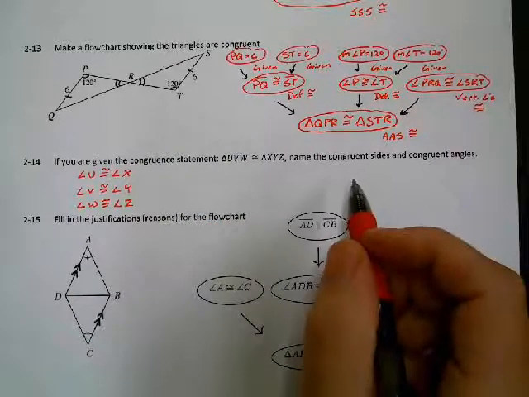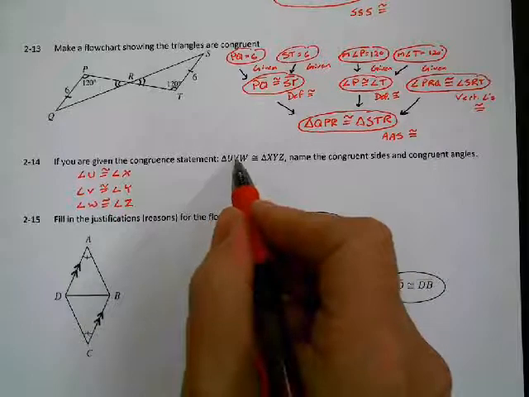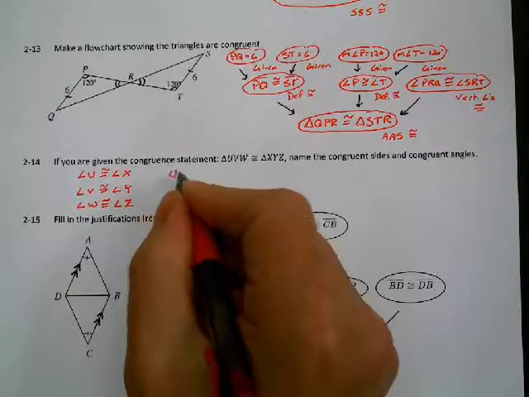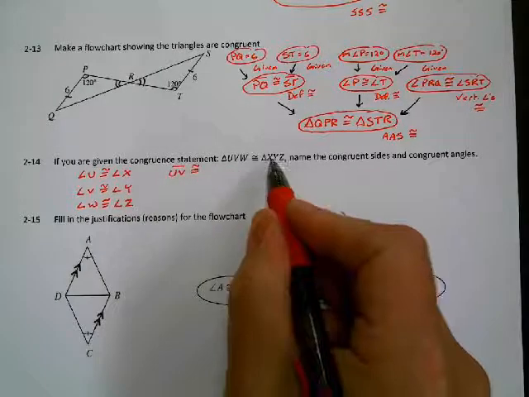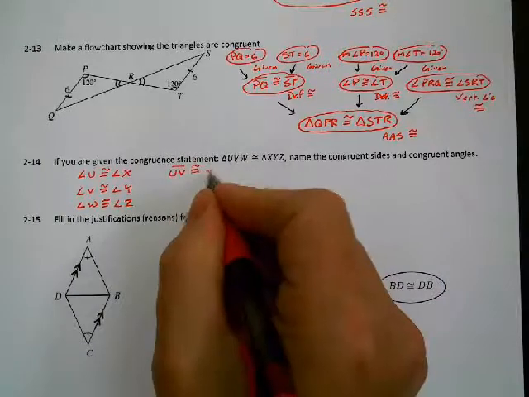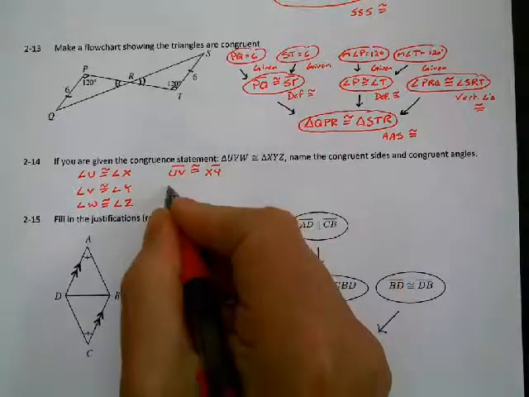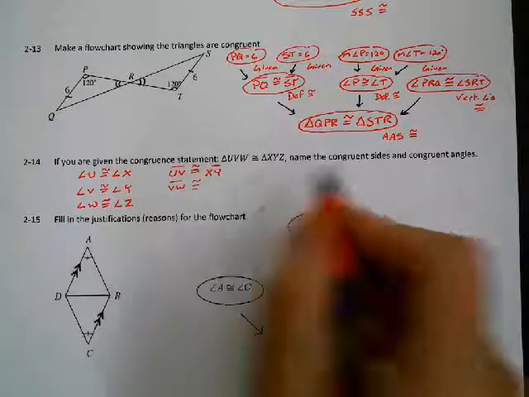I can also do the same thing with the sides. UV is the first two letters. That's one of the sides. So side UV should be congruent to side XY, the first two letters on the other one. Side VW, that's the second and third letters, should be congruent to the second and third letters over here, YZ.